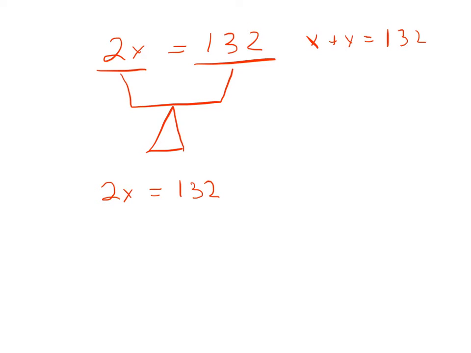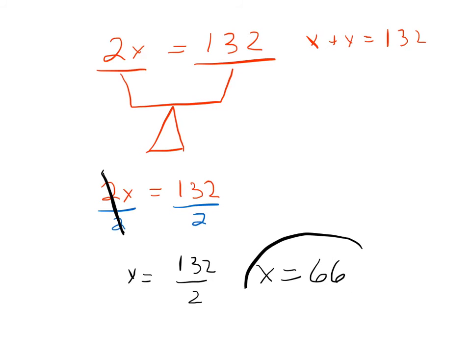So if I divide this side by 2, I also have to divide this side by 2, because the rule is whatever I do to one side, I do to the other. So these will cancel out now, and I'll be left with x equals 132 over 2. And if I divide 132 divided by 2, x will equal 66.